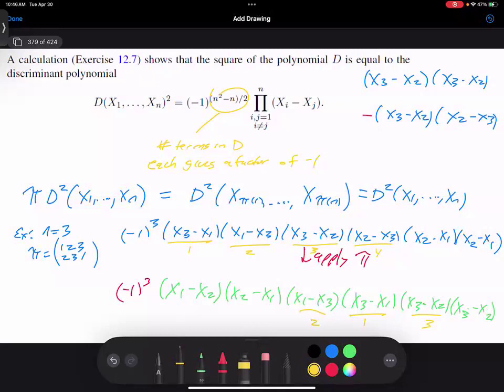Oh, but I wrote this in the wrong order. All right, take 4. So it's x1 minus x2. I just wrote the stuff in the wrong order, that one factor. So then x1 goes to x2, and then x2 goes to x3.